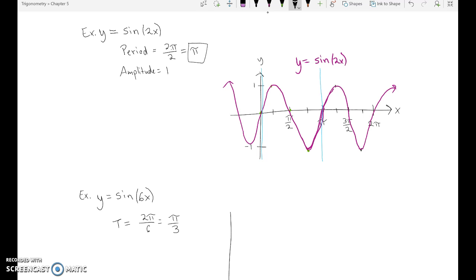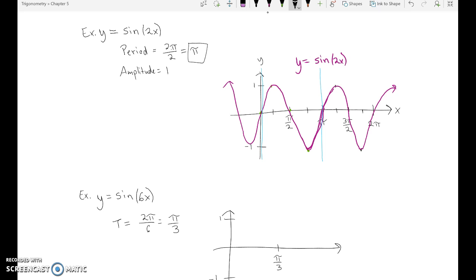When I do this one, I'm going to look at my graph and go out to pi thirds. I know my sine graph still goes to the amplitude of 1 and -1, but I need the entire graph to fit in between this pi over 3.